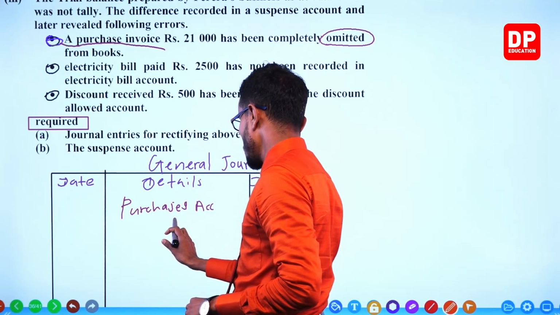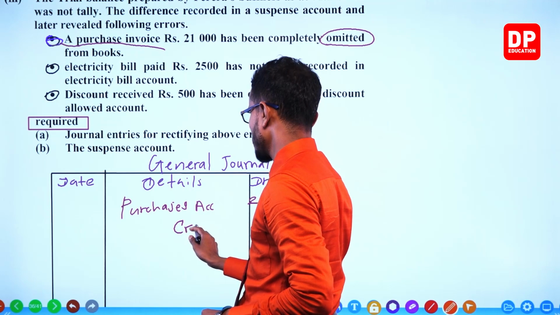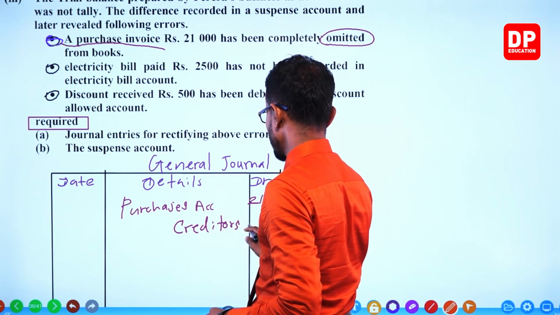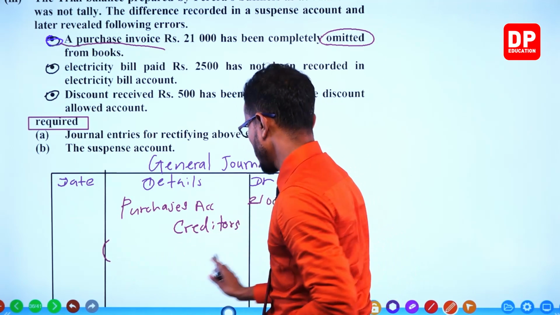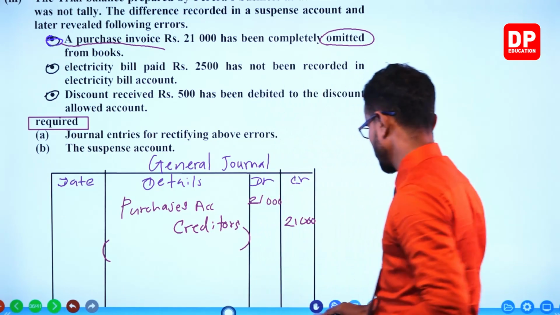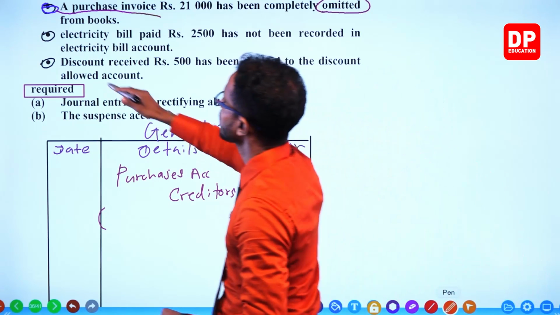Then purchases account debit, creditors account credit, because it's a credit purchase. Creditors account credit 21,000. Done. Don't forget the narration. You write the narration. Okay, first one is done.